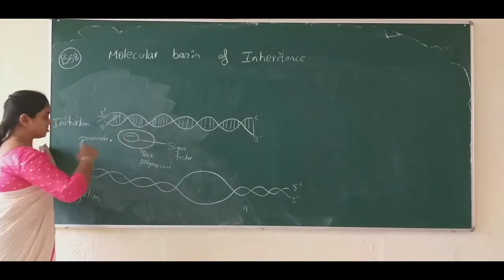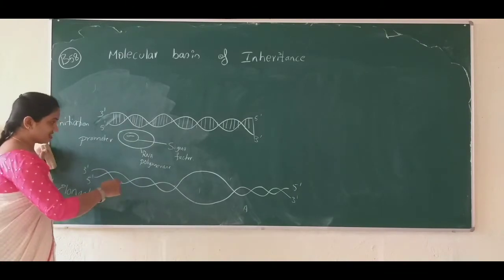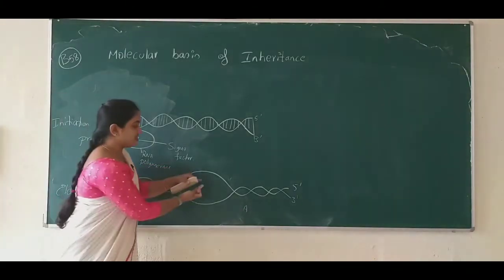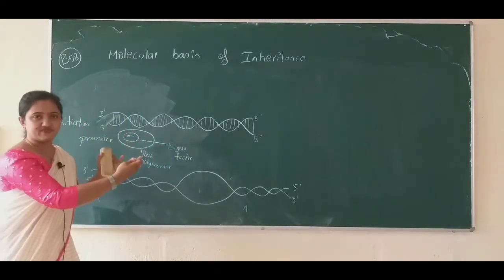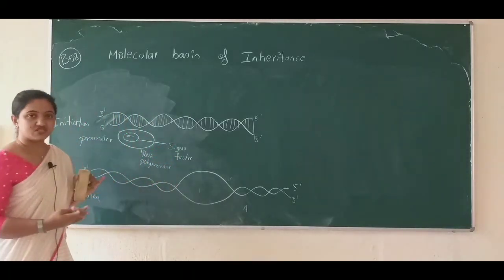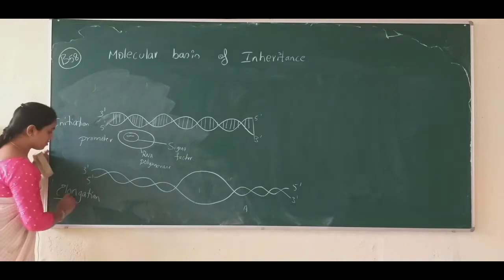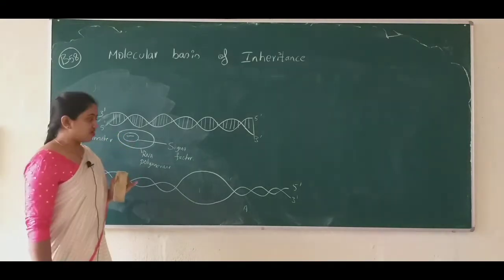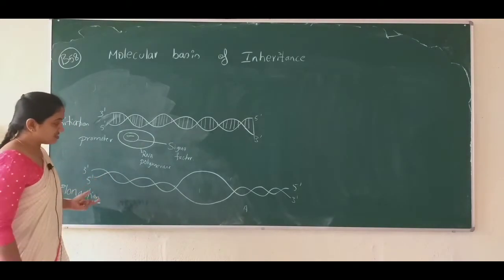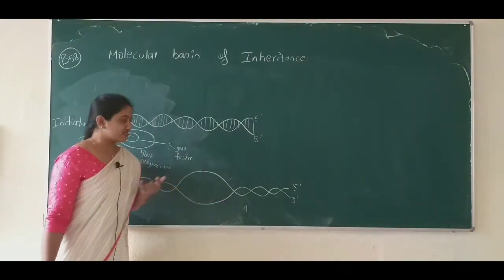This is the initiation, and if the unwinding of DNA occurs in the structural gene, it means the process is at the elongation stage.